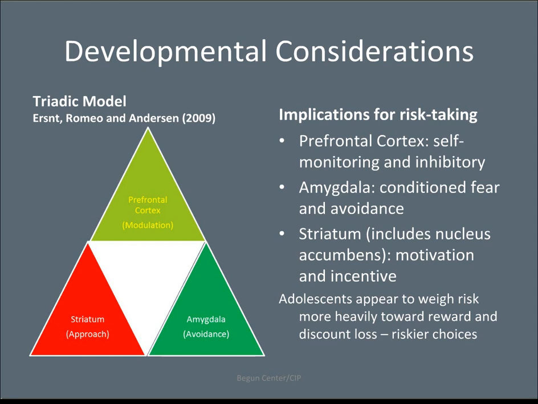Now, when you throw into the mix mental health issues that are starting to settle in during this age, and then very especially when you throw in drugs and alcohol, it can really start to wire things in more of an approach, a higher level of risk-taking than would be there without those influences.